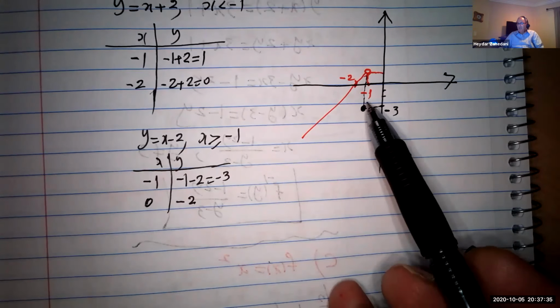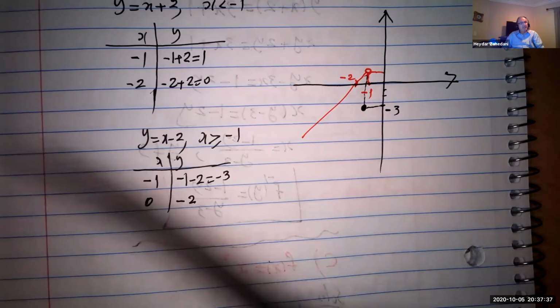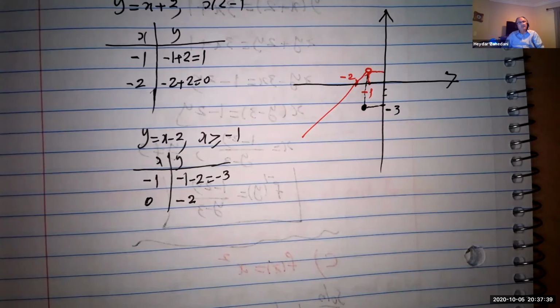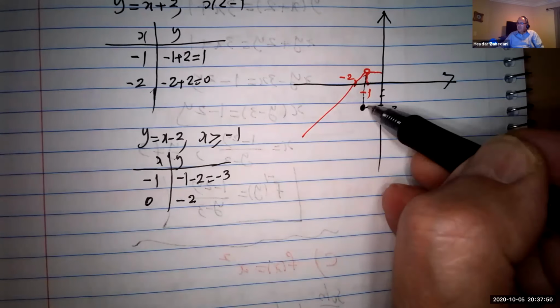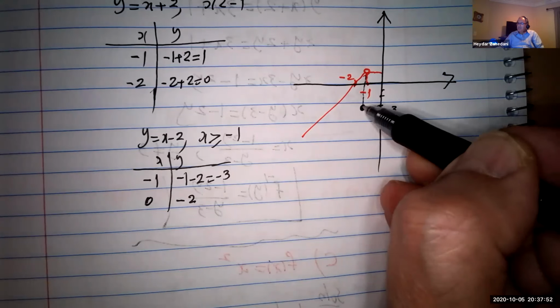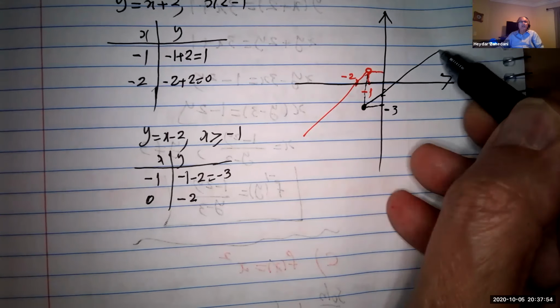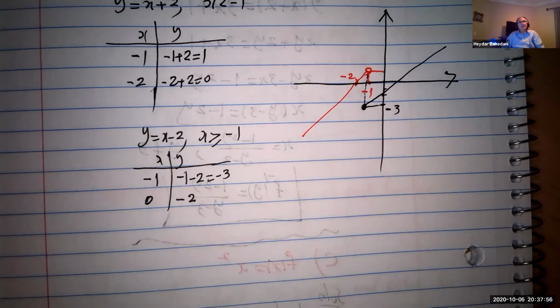Of course, remember you cannot have both of them solid because of the vertical line test. That's why you have to start with negative 1. Something else, it's 0 and negative 2. You connect, and remember this time you go to the right. This is going to be the graph of your function. It's nicely done.